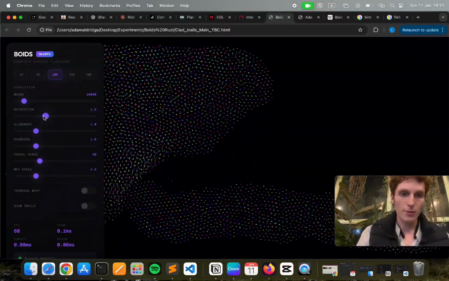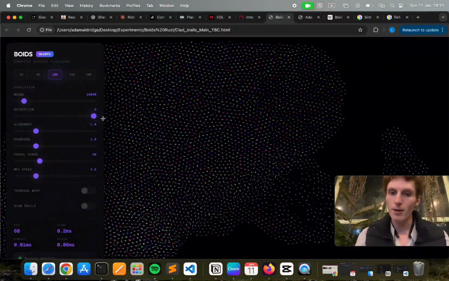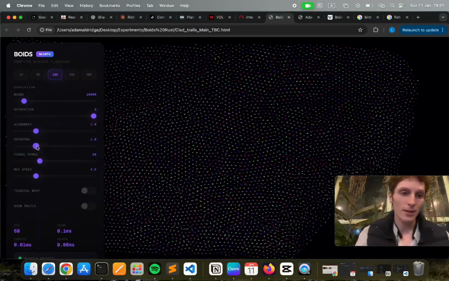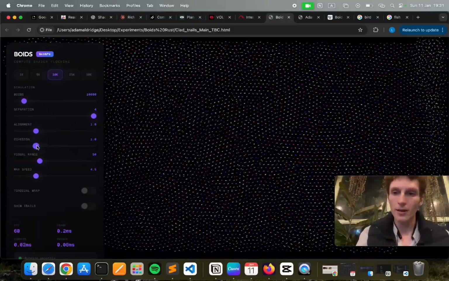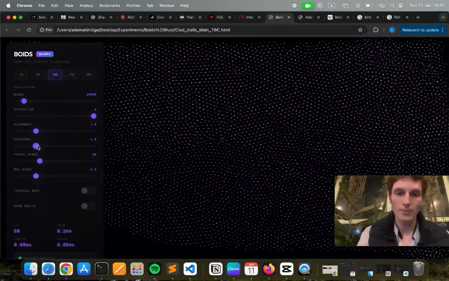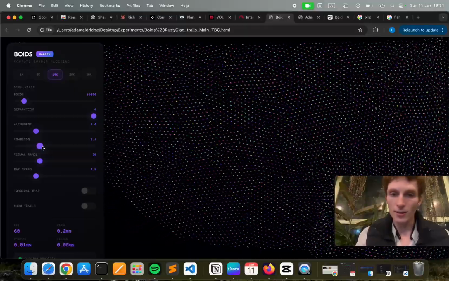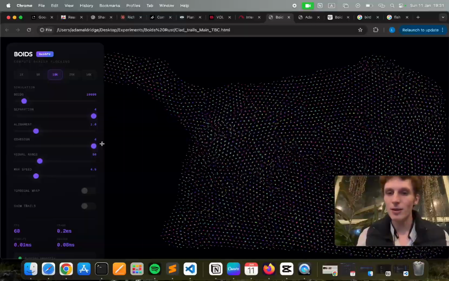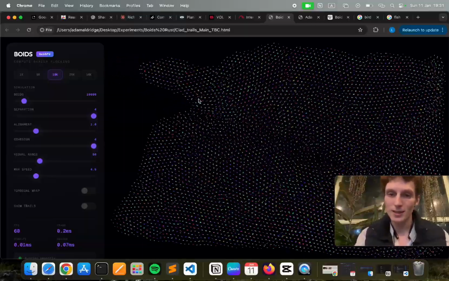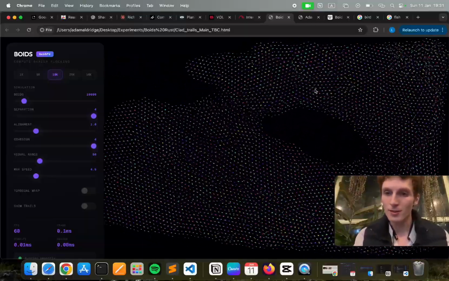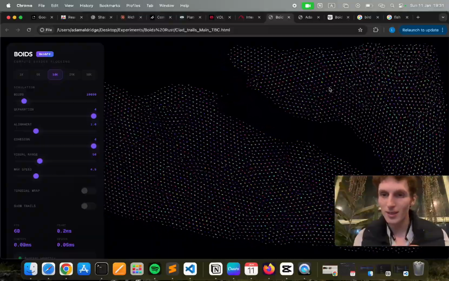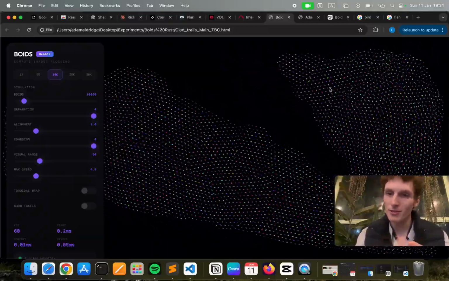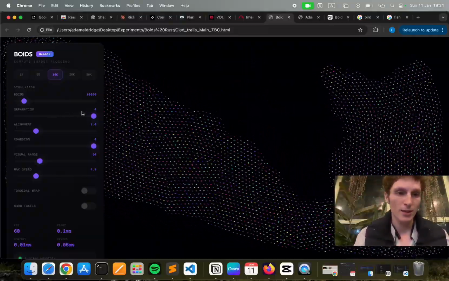And then if I increase separation, they get forced apart a little bit. But because they also have cohesion, they still kind of stick together. If I increase cohesion a lot, then because there's the separation, they still stay separate. But you see they're some radius away from each other, but they're still sticking together.